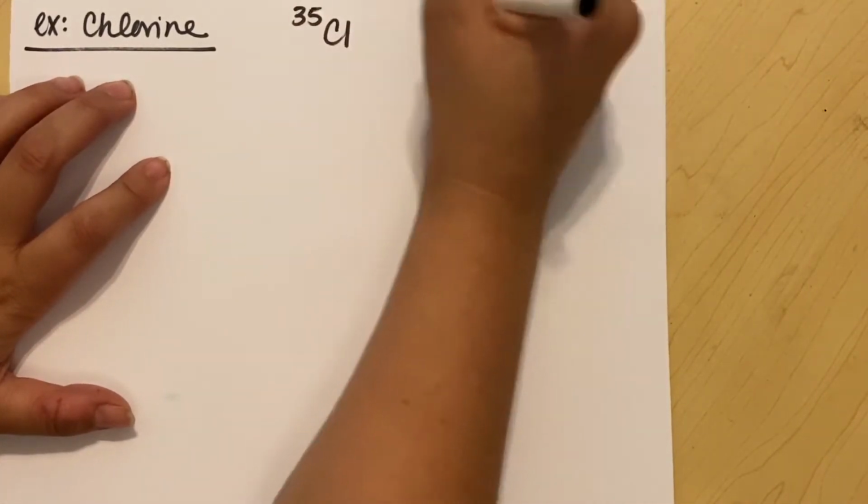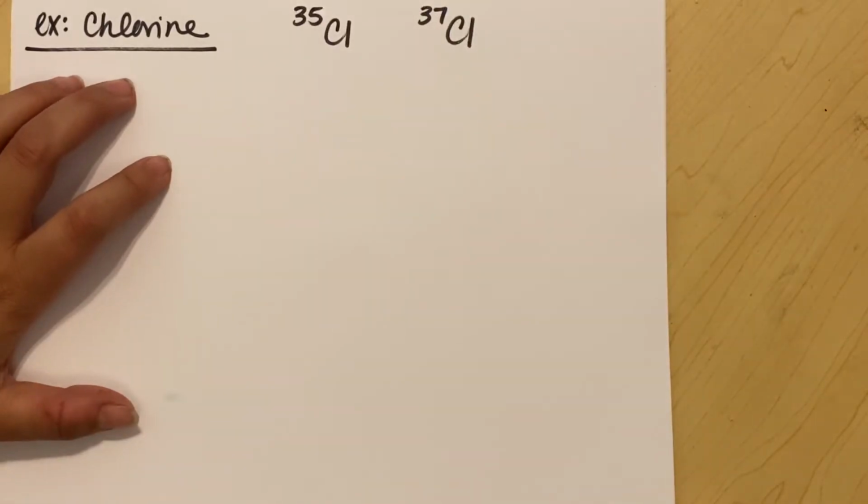Let's actually do an example because hopefully that will make more sense. We'll do an example with chlorine. Chlorine has two main isotopes. It has chlorine 35 and it has chlorine 37.